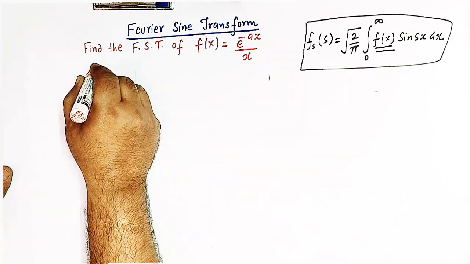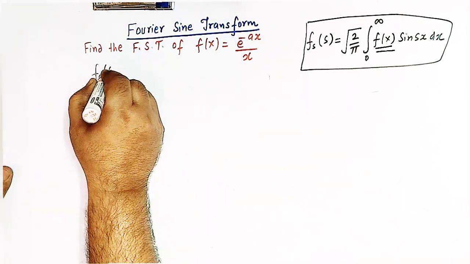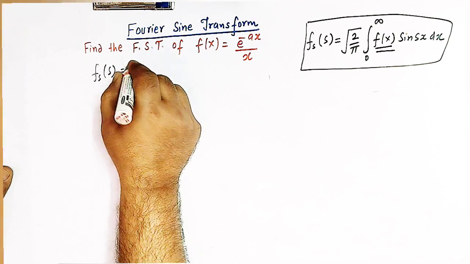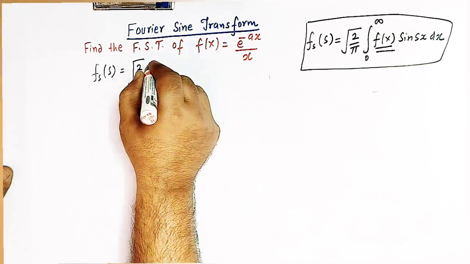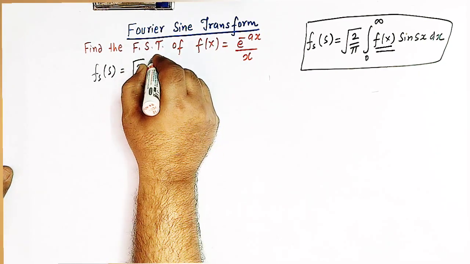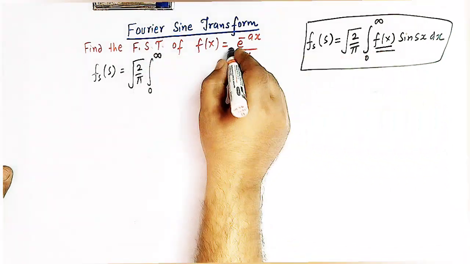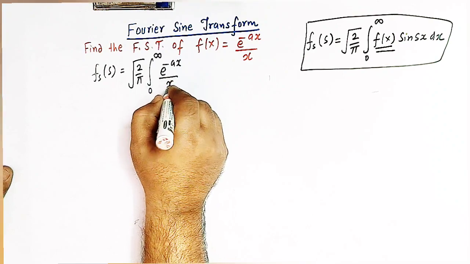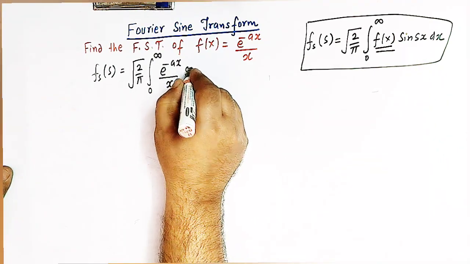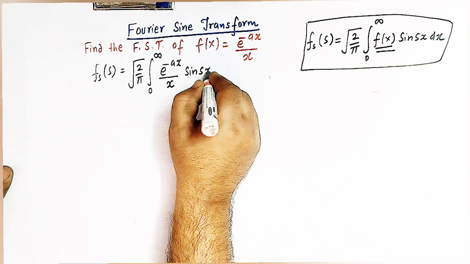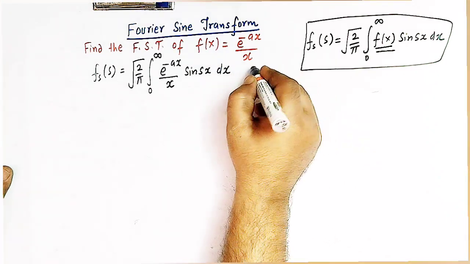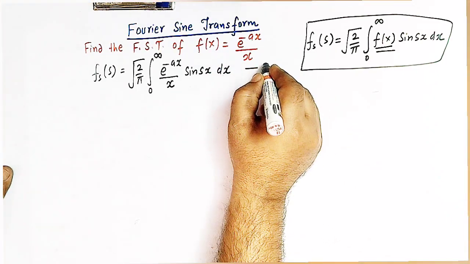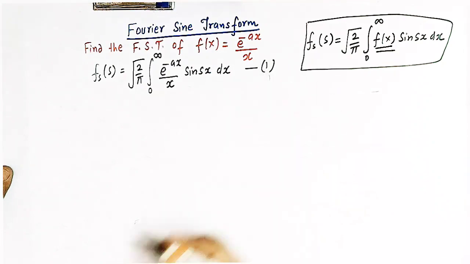So now we can write F_s, and here we have square root of 2 over pi, and the integral from 0 to infinity of e raised to minus ax over x, and here we have sine sx dx. Let us call this integral number 1.